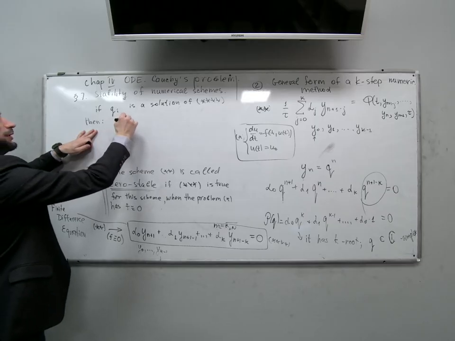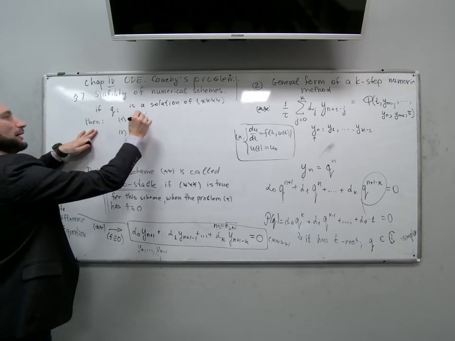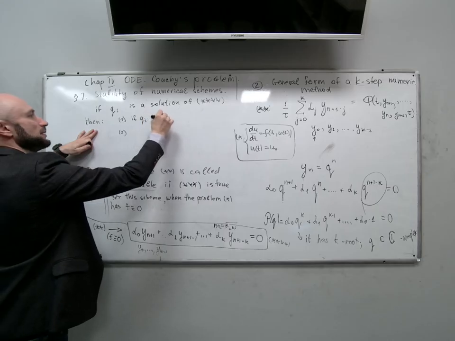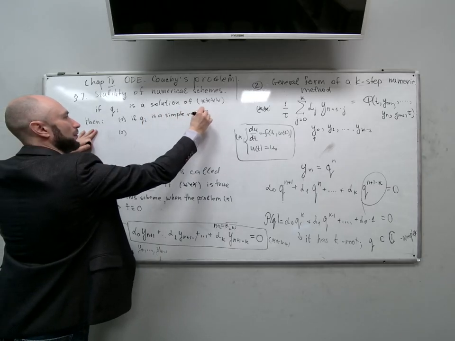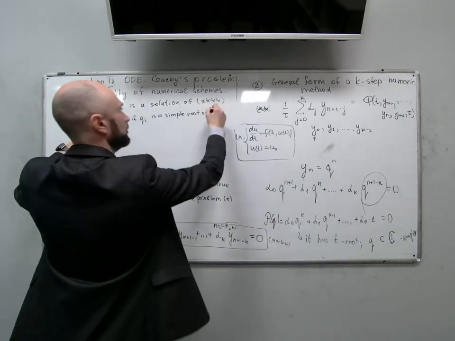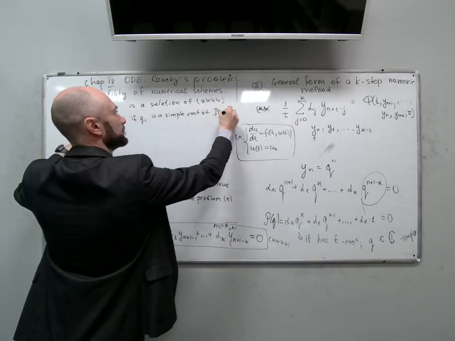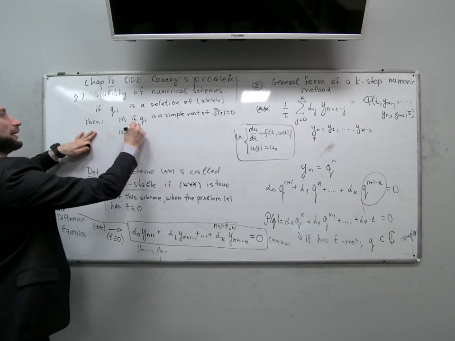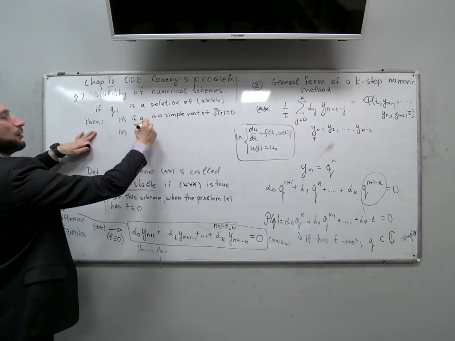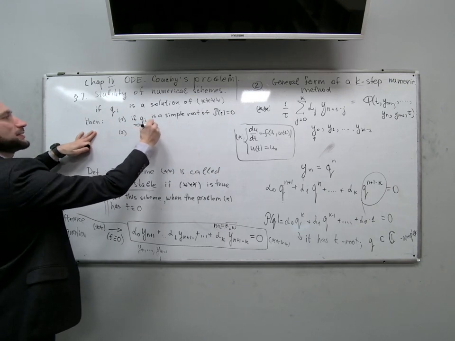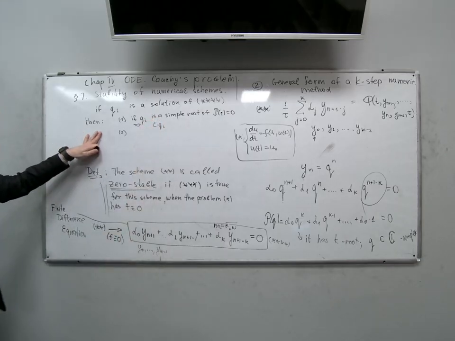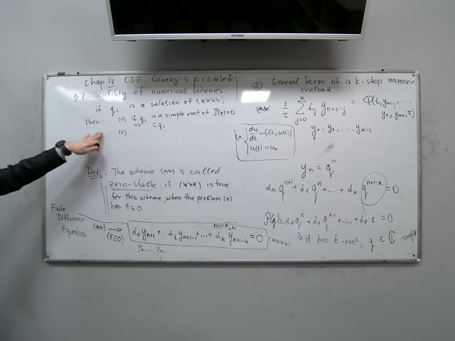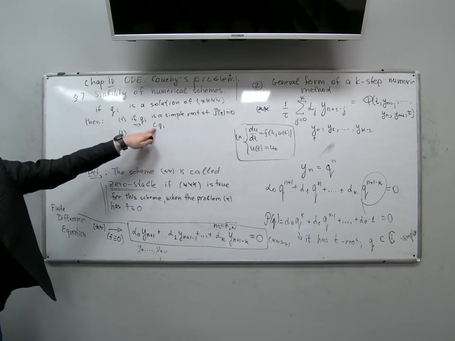First option: if q_i is a simple root of P(q) equal to 0, then all other solutions are a constant c multiplied by q_i, at any value of c. Okay?